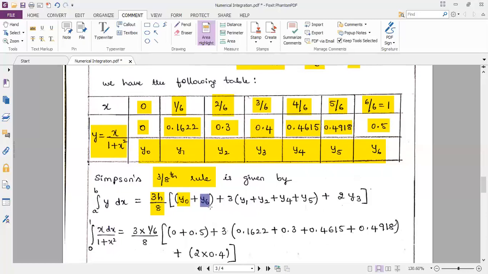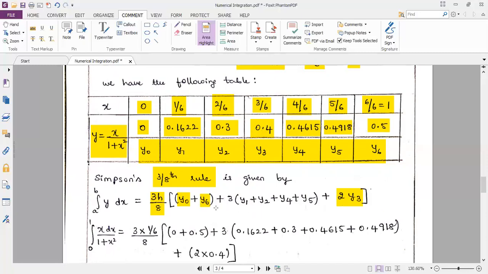Here the last term is y6, so y0 plus y6 plus 3 times of y1 plus y2 plus y4 plus y5 plus 2 times of y3.